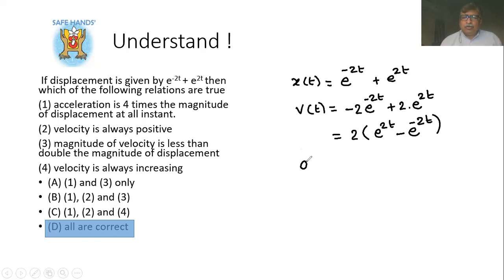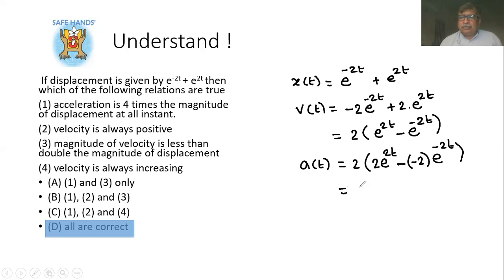And by this, I can also get the acceleration at any instant. It will be equal to 2, I will keep as a constant, times e to the power 2t, whose derivative is 2 e to the power 2t, minus 2 times the derivative of e to the power minus 2t, just for the understanding purpose. At the time of the exam, you are not supposed to write it so systematically.